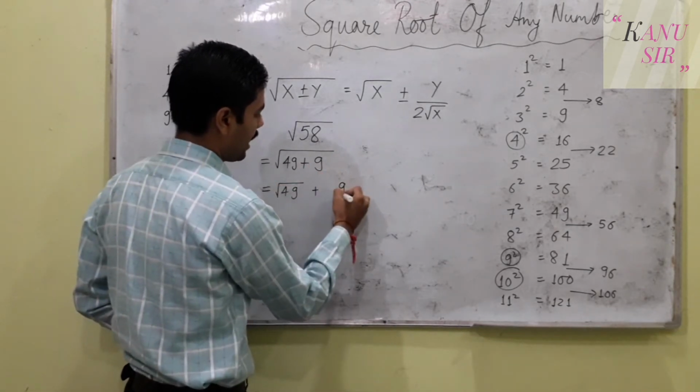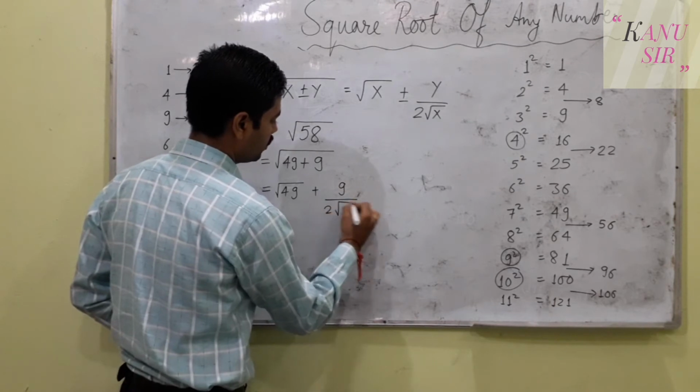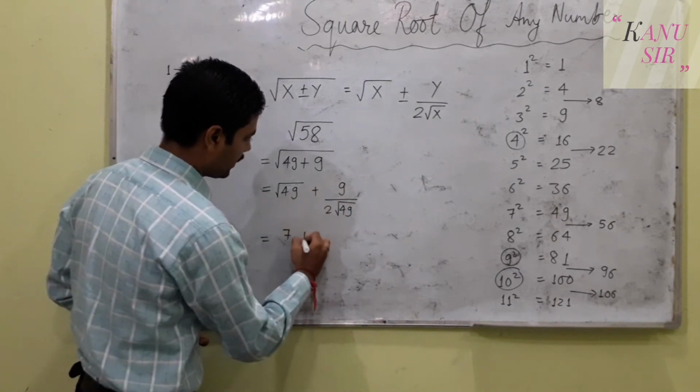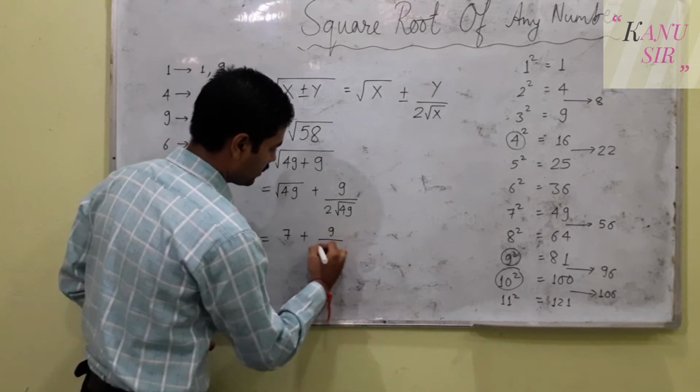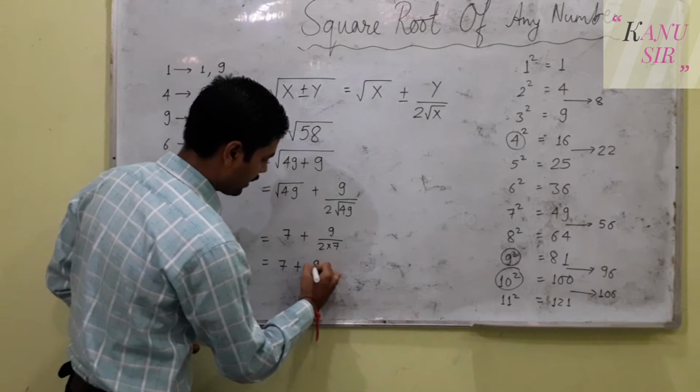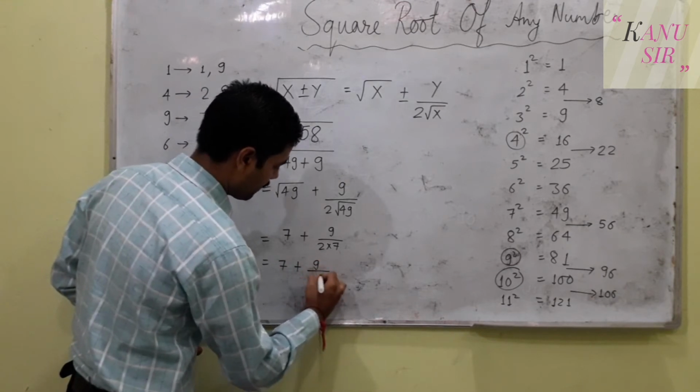Y is 9, over 2 times root 49. Root 49 gives 7, plus 9 over 2 times 7, that is 7 plus 9 by 14.